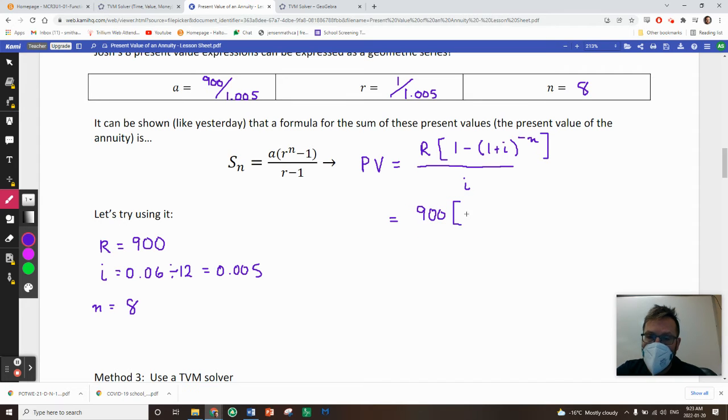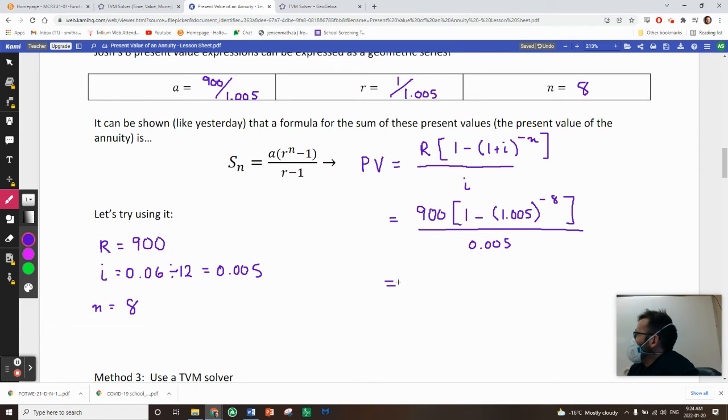900, 1 minus 1.005 to the power of negative 8, all divided by little i, 0.005. Should give us the same thing. Your scientific calculators should be able to handle this.